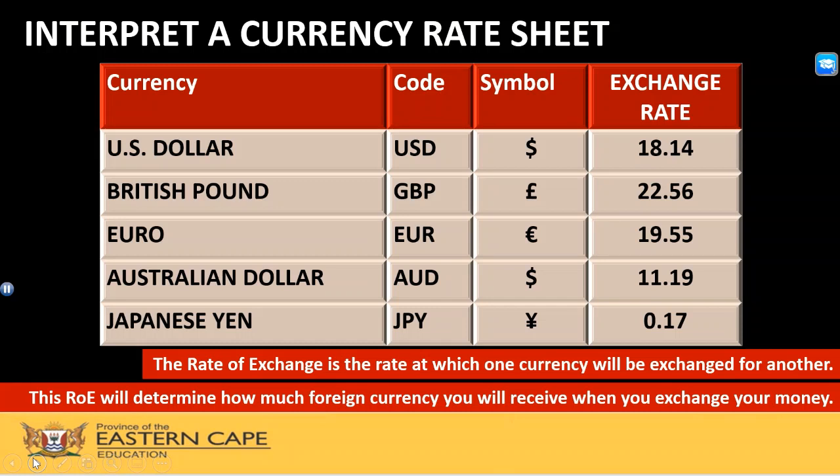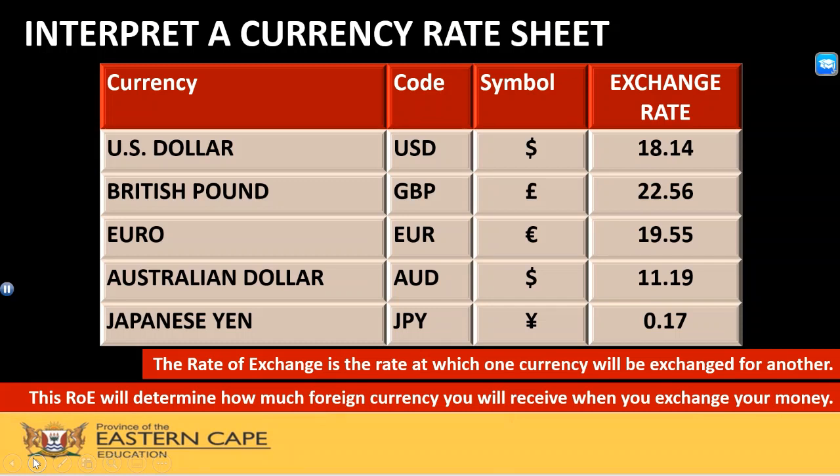Now, what you have on the screen at the moment is a very basic currency rate sheet. You will see that you're given the US dollar, the British pound, the euro, the Australian dollar, and the Japanese yen. You are also given the currency code for each of those currencies, as well as the symbol that is used.